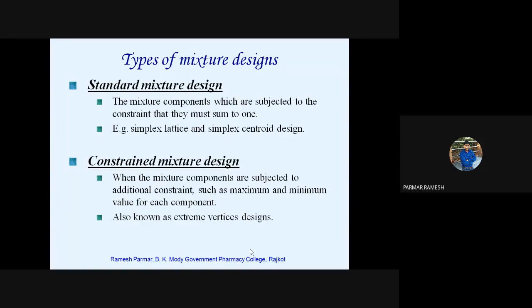But sometimes it is not possible to utilize all the excipients from the entire range. The reason being, there is some limit that you must use any one excipient at minimum 10% level. So that is a constraint, that is a limit. This restricts the maximum quantity of any excipient that can be utilized to 80%, because the rest 2 we must use at minimum 10%.